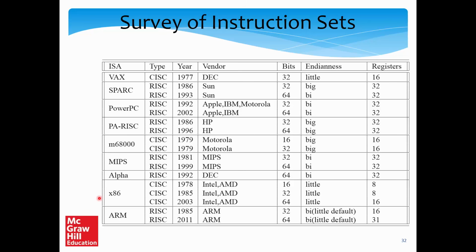This x86 instruction set is now an open standard. It is used by AMD, and it's actually used by many other vendors as well. Since the standard is open, readers can implement their own processors with the x86 instruction set. Around 1985, Intel transitioned to a 32-bit instruction set, again with 8 registers. And then, as recently as 2003, both Intel and AMD migrated to an x86 64-bit instruction set.